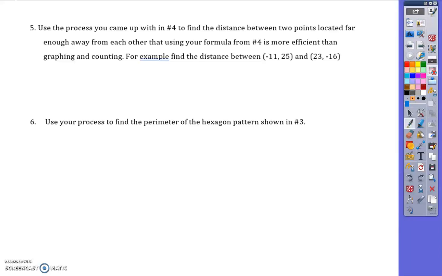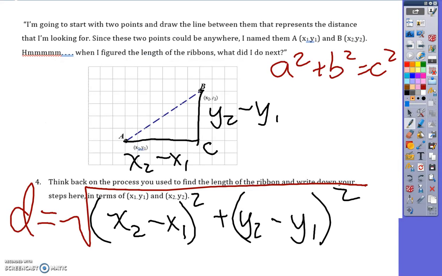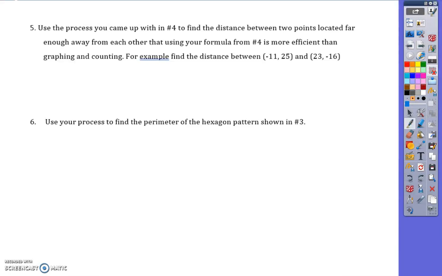Use this formula that we came up with to see if we can find the distance between any 2 points. This is really useful when the points aren't nice, when we have decimals, when the distance is gigantic and I don't want to count 35 or something like that. So let's use this formula, called the distance formula, that we just created.